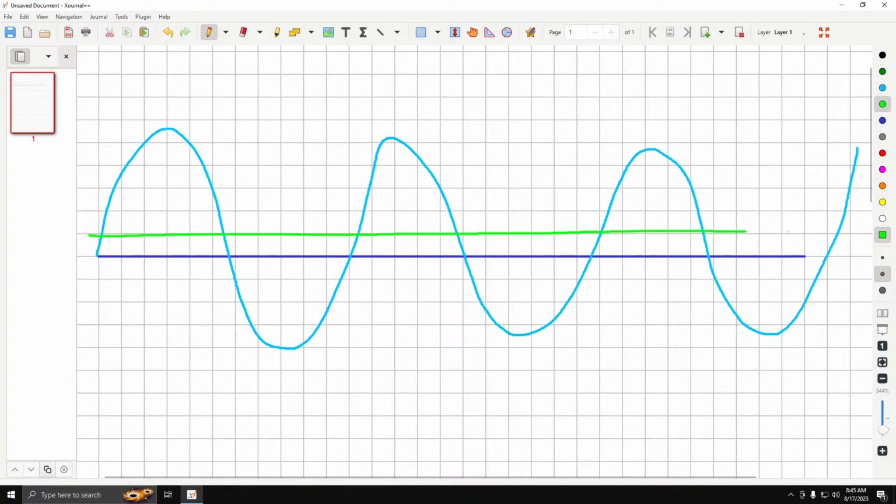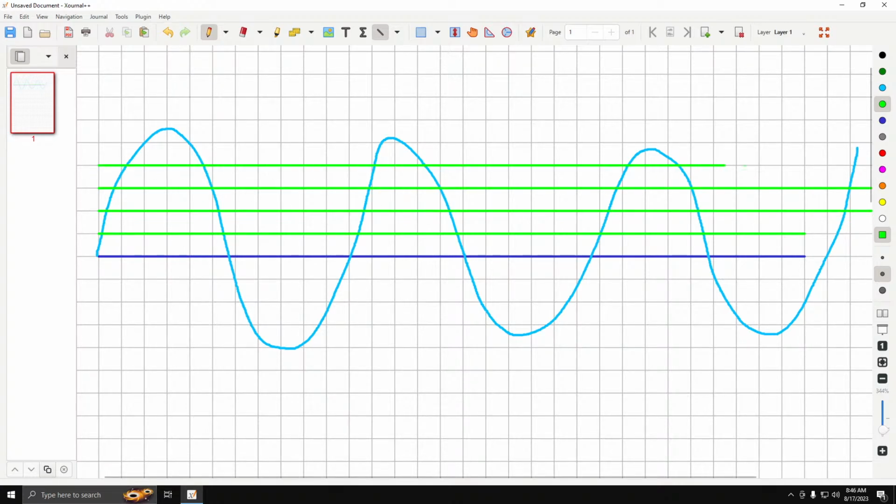Then this would be the levels it's quantized to, and it's only linear. If it was logarithmic, you'd see bigger gaps up here and smaller gaps down here, so that the quieter samples would sound better.